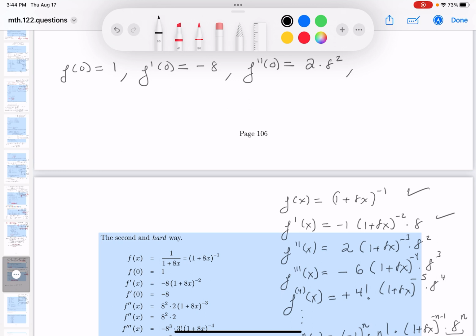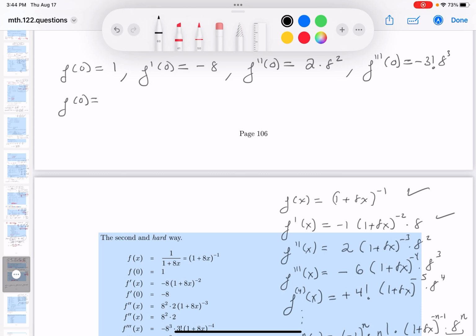Now, by writing things down, you might see a pattern. And what do you get there? You definitely get negative. And I notice a 6. I'm going to write it as a factorial, by the way. And then what do you get? You get 8 cubed. I'm going to write these, they all look the same to me. F of 0.